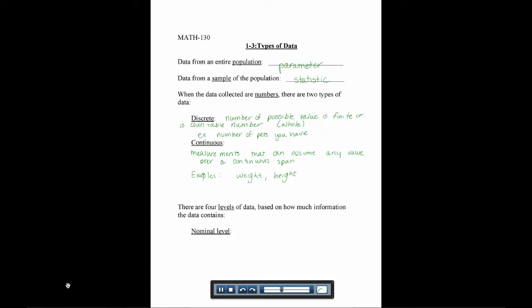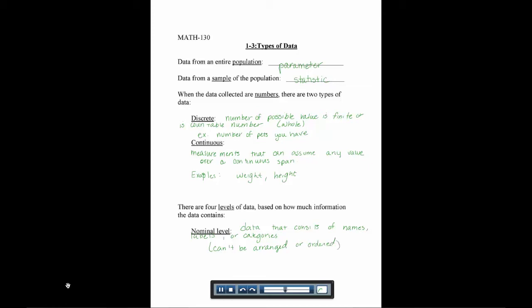Okay, and then we have what are called the 4 levels of data. And each one gives you more information about the data. So the first level is nominal. And that's data that consists of names, labels, or categories. So we don't have any numbers or anything. They're just names, labels, or categories, and they can't be arranged or ordered.